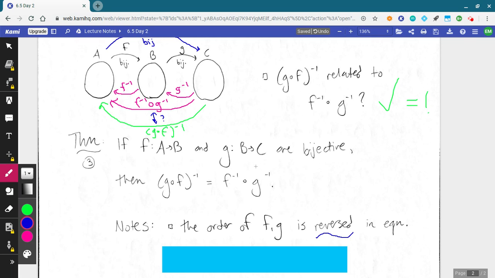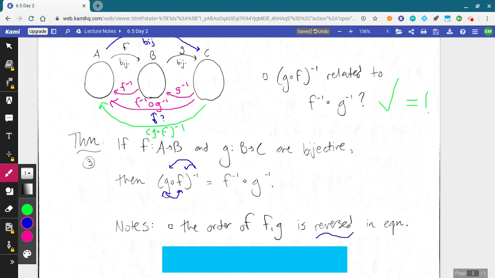Algebraically, what this means is if we are inverting a composition of two bijective functions, if we want to distribute this inverse, then we have to reverse the order of the functions inside. Kind of a computational way of thinking about it.